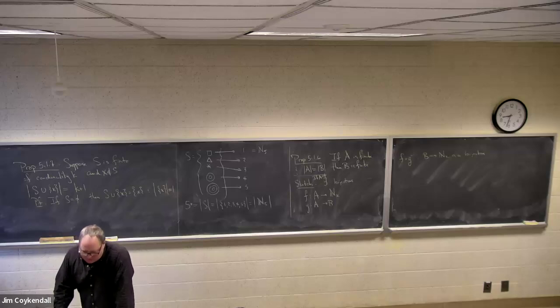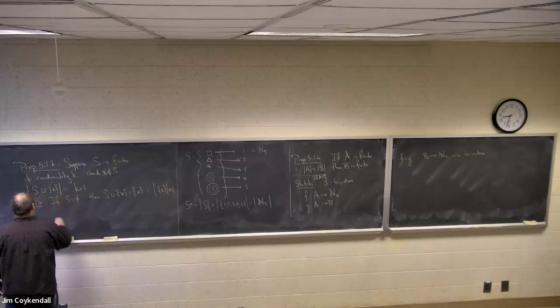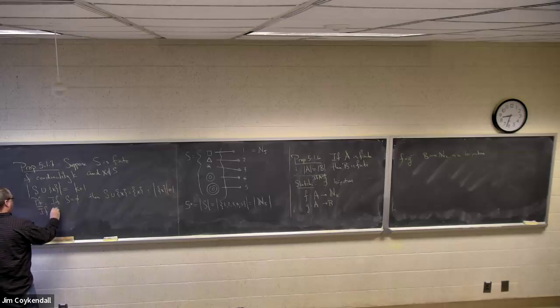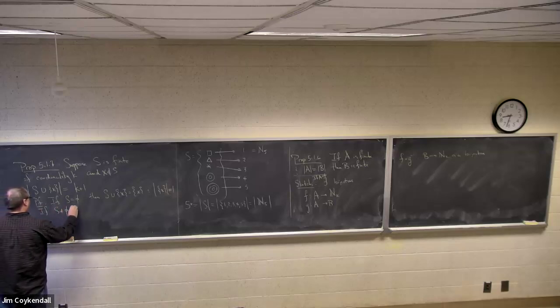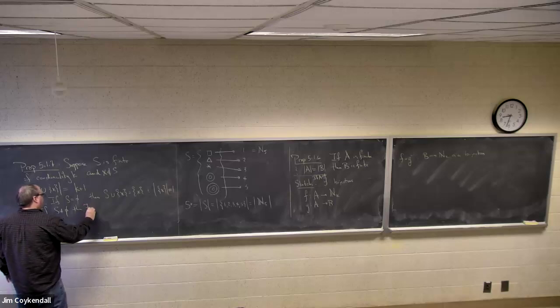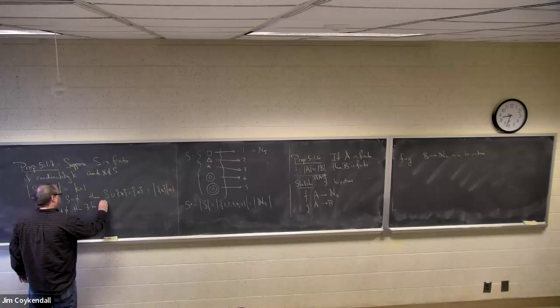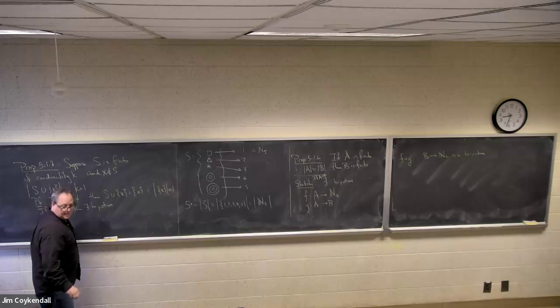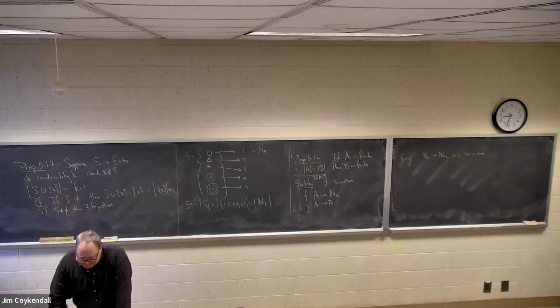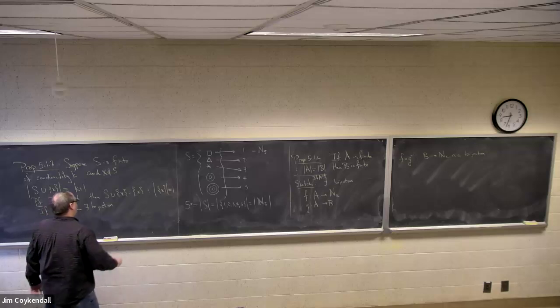If S is not empty, then there exists a bijection, we'll say F from S to N_k.